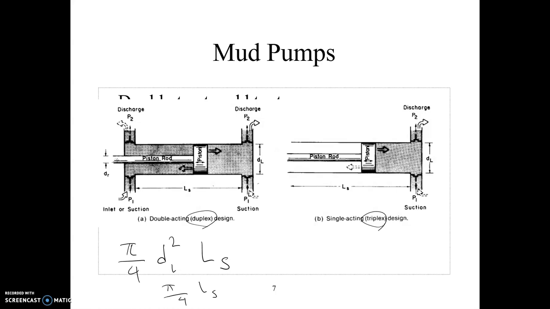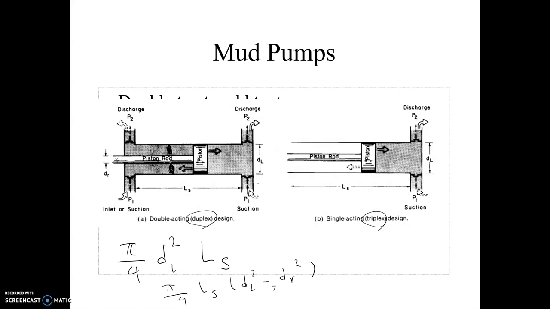So you should exclude the piston rod, and for doing that you just need to say dl squared minus dr squared. So that's the backward displacement.